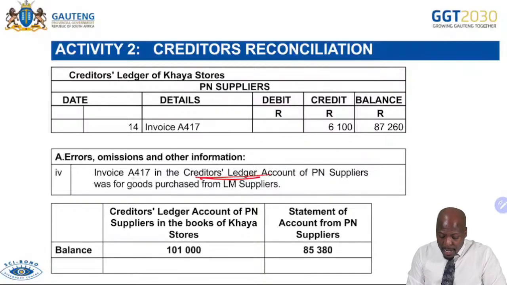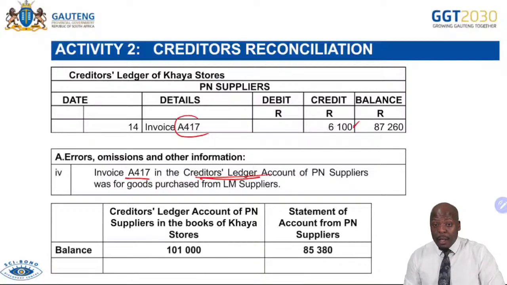We recorded invoice A417, which is this one here. Remember, it's for 6,100. That invoice was actually for goods purchased from LM Suppliers. LM Suppliers is a different supplier from PN Suppliers. So we recorded an amount for a different supplier in this supplier's books. So it is an amount that must be taken out.